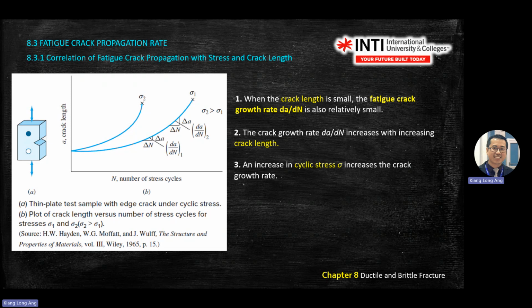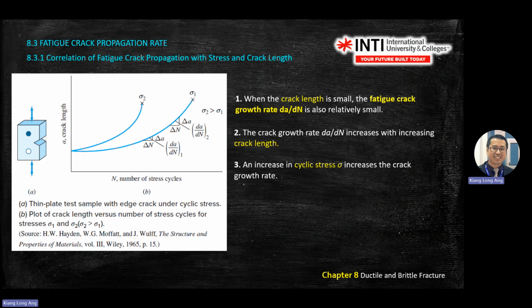When the crack length is small, the fatigue crack growth rate, da/dN, which is the gradient of the curve, will be small compared to this one. The crack growth rate da/dN increases with increasing crack length. This is number 2.